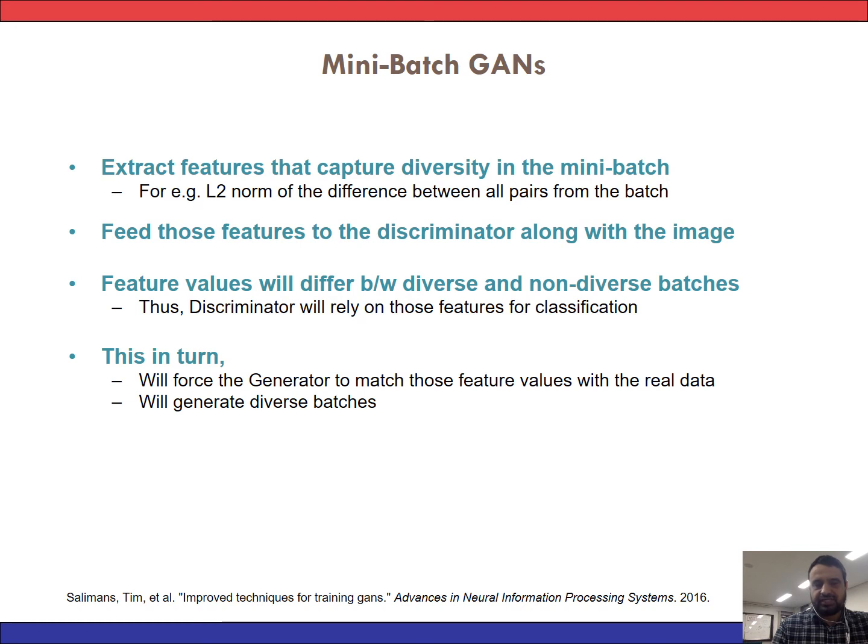If the difference is small, it means that there is a mode collapse problem and the discriminator can easily classify it as fake. But if the diversity is more, it means that there is no mode collapse problem. So when we concatenate that difference with the input image, it provides the diversity, and the discriminator can guide the generator to generate more diverse images rather than one or two good samples.